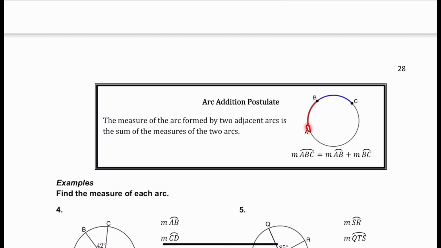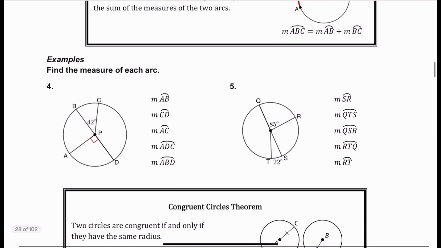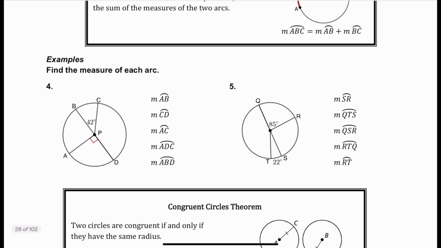If I have two pieces right next to each other and I want to find the whole piece, I just add up AB plus BC. Just add them together. So let's find the measure of each arc. The measure of AB. What is the measure of this arc? Well, it's going to be the exact same as this corresponding angle.